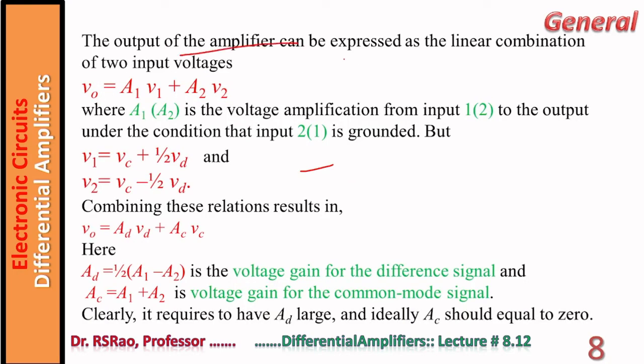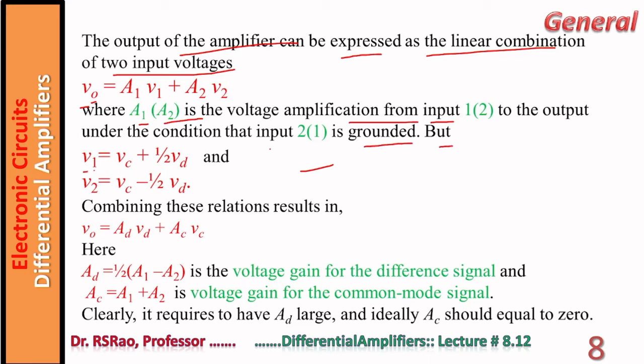The output of the amplifier can be expressed as a linear combination of two input voltages: V0 equal to A1 V1 plus A2 V2. Here A1 and A2 are voltage amplifications from inputs 1 and 2 to the output under the condition that the other input is grounded.